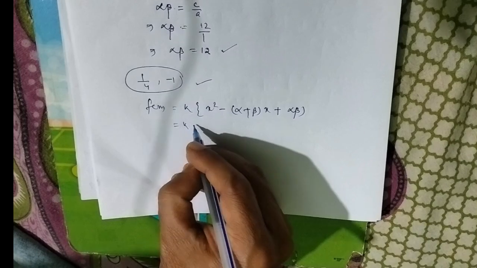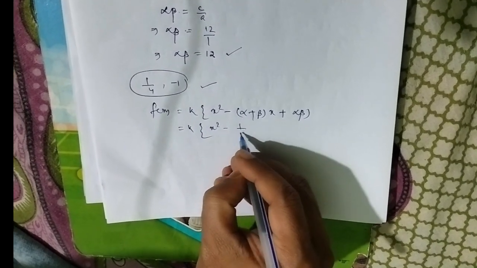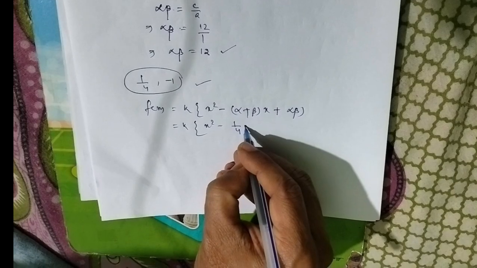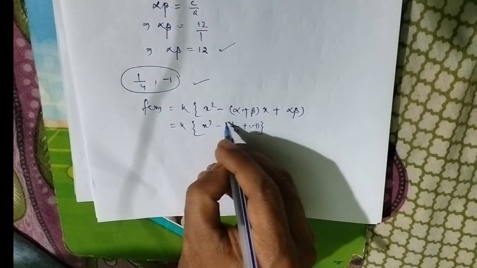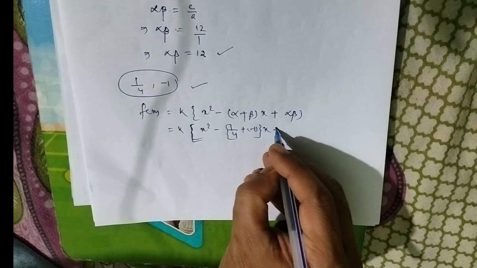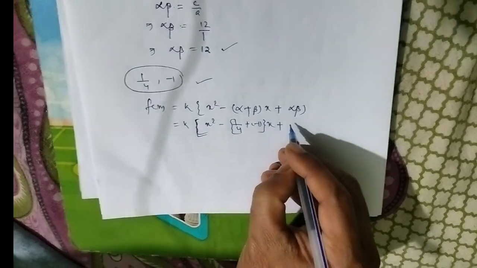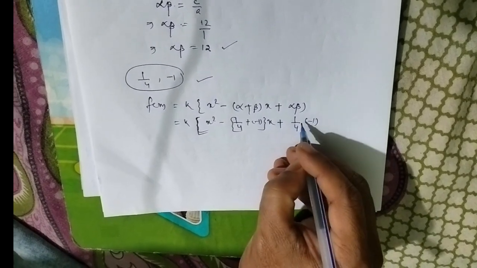Here x square minus the sum, 1 by 4 plus minus 1, into x plus the product of the zeros, 1 by 4 into minus 1.